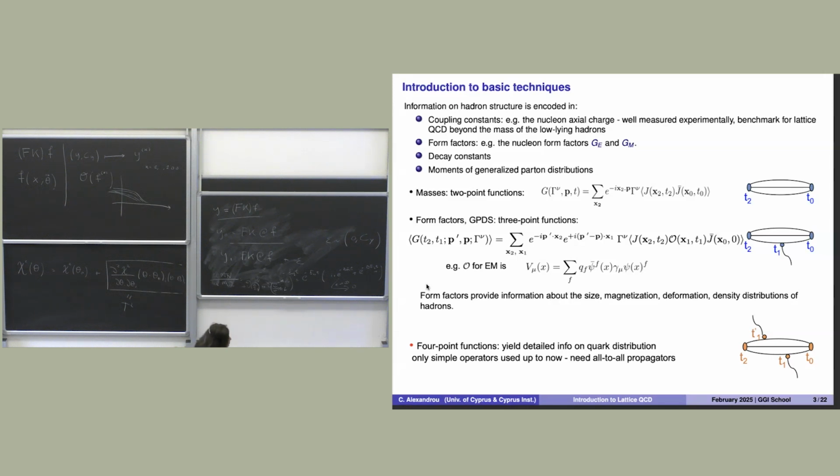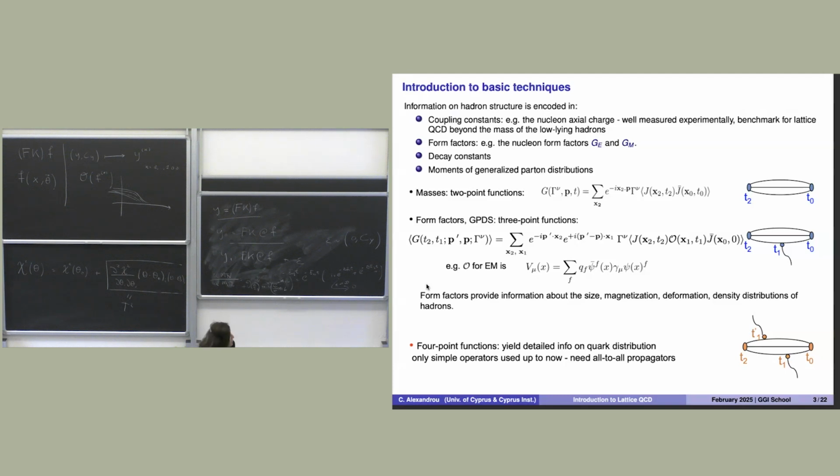To do structure, I have to have a probe, right? So like I do in experiment, I send an electron, hit my hadron, and see how it reacts. So I have to couple to a probe, for example, the electromagnetic current. So I need to compute now a three-point function because I have creation, my probe, the current, and then annihilation.